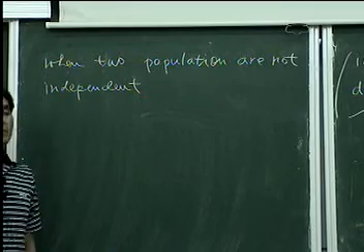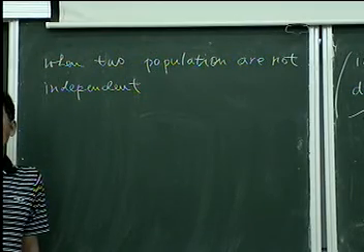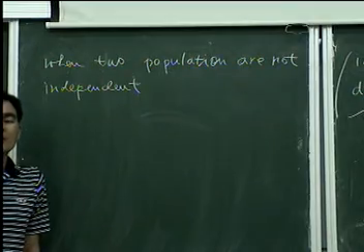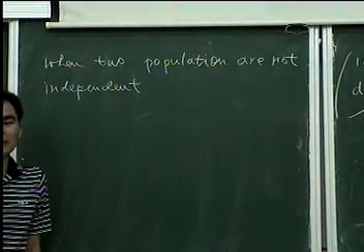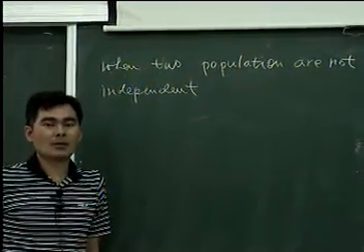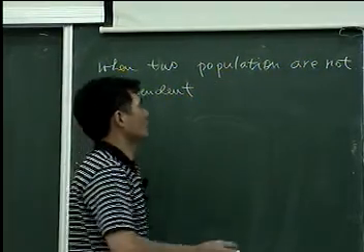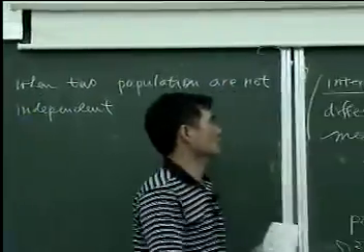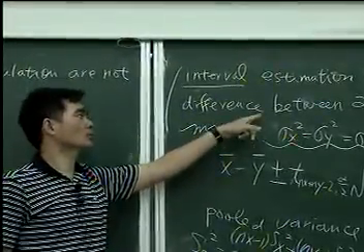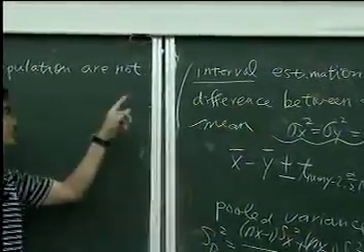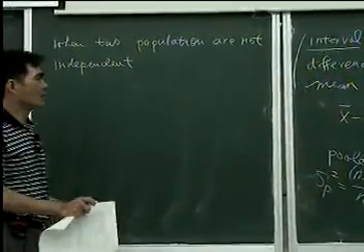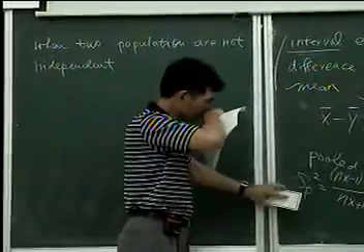So we are trying to figure out the confidence interval for the difference of two populations when these two populations are not independent. We are doing the same thing, the interval estimation of the difference of two populations, but these two populations are not independent.